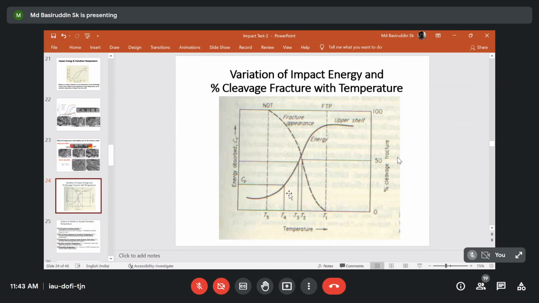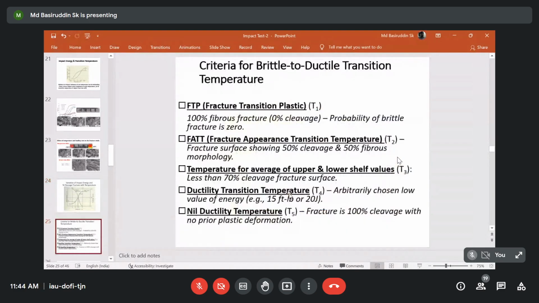If the material shows the energy absorption capacity of 60 joule well below minus 40 degrees centigrade, then the material will be accepted by the designers. And if it goes above that minus 40 degree, then they will reject the material. So in that way, the development of materials is generally carried out.